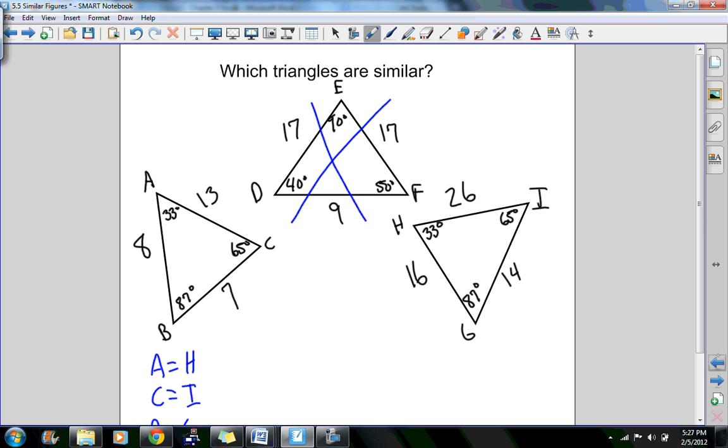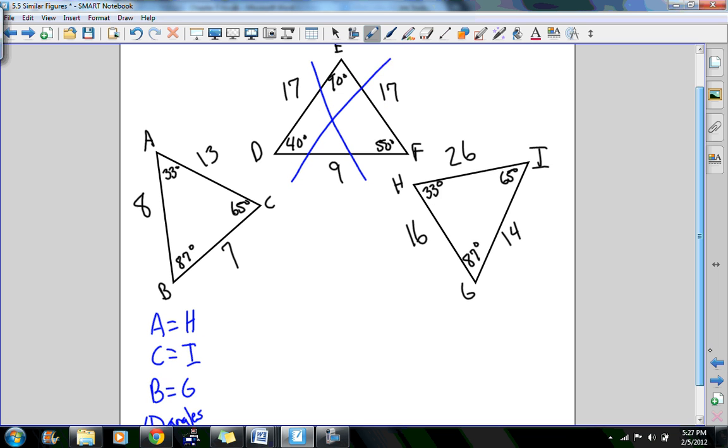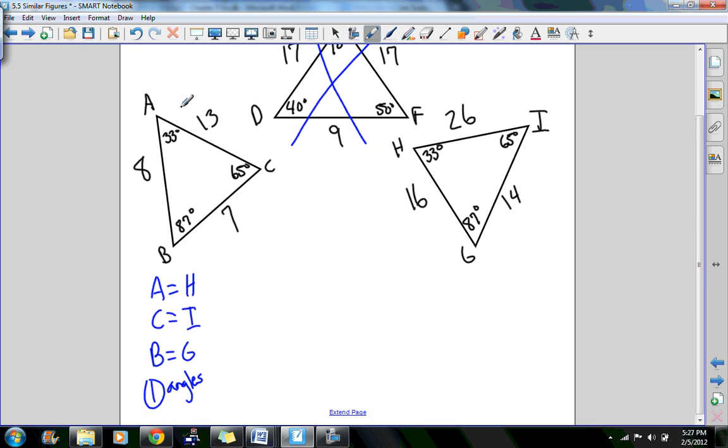So here's what we do. We know that A and H match up, C and I match up, and B and G match up. So that means that side AC along here has to match up with side HI.